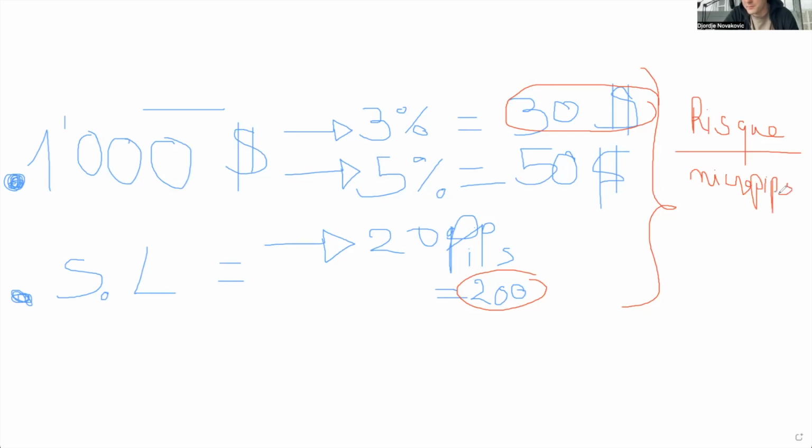So here, technically, it's going to be 30 divided by 200, which gives us, if you do that on a calculator, a lot size of 0.15, okay? That's very important to understand.